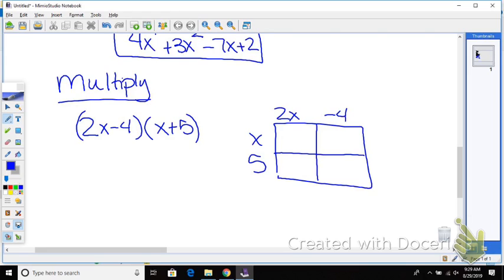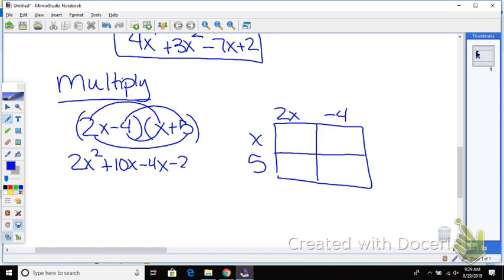If you're FOILing, I do the first term, and I have 2x squared. Outer term, I have plus 10x. Inside is negative 4x. And last would be negative 20. Here I'd get 2x squared, negative 4x, 10x, and negative 20.